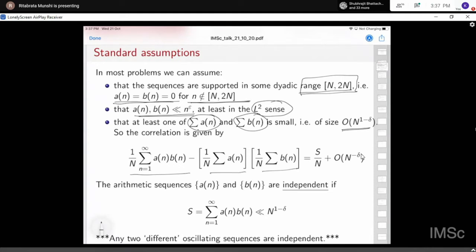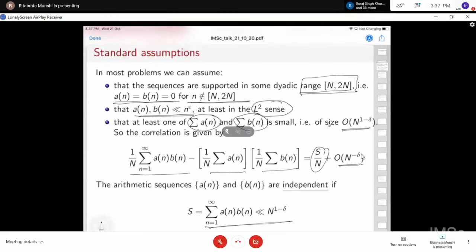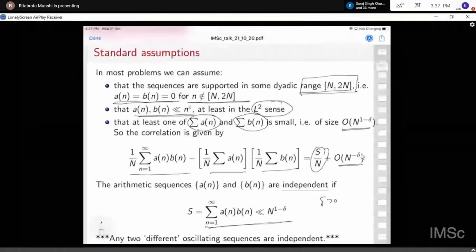Since one of the means is small, the product of these two means is bounded by N to the power minus delta. So the correlation is basically given by S over N. If you want to show that the two sequences are independent, what you have to show is that this sum is bounded by N to the power 1 minus delta for some positive delta. However small, it doesn't really matter a priori. So that's the problem.